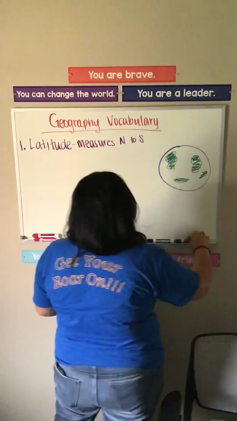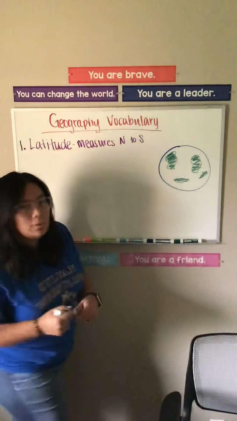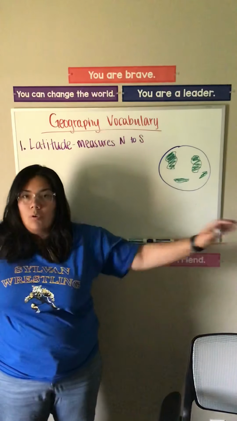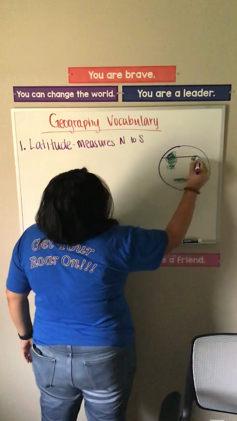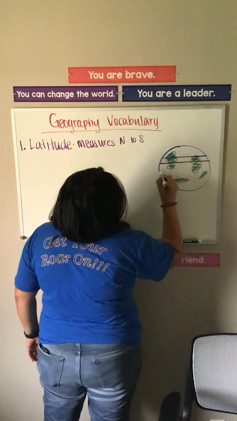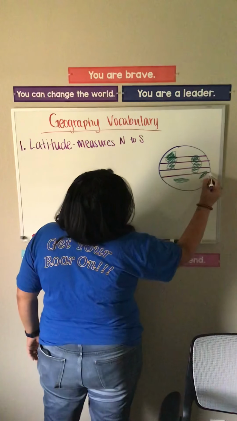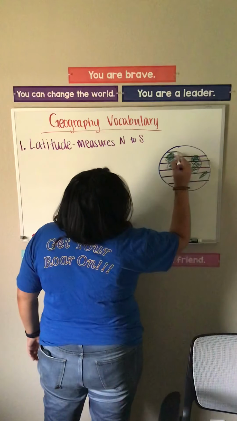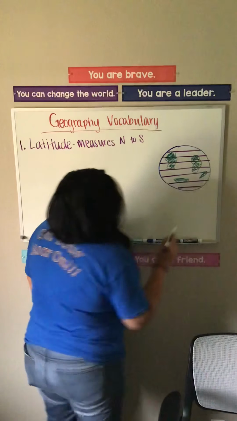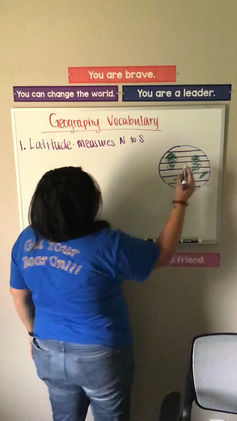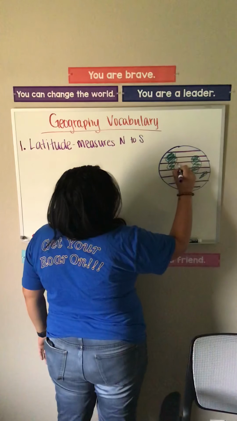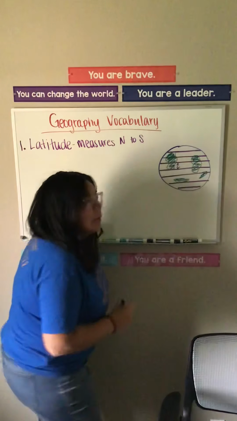So latitude, lat is flat, so the lines go straight across. These are latitude lines. Now when I say they measure north to south, that's the distance between the lines, so it's going to be in between the lines right there.